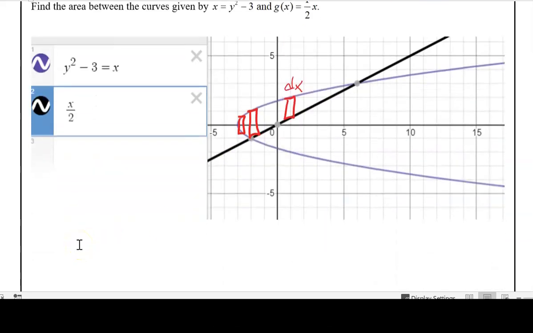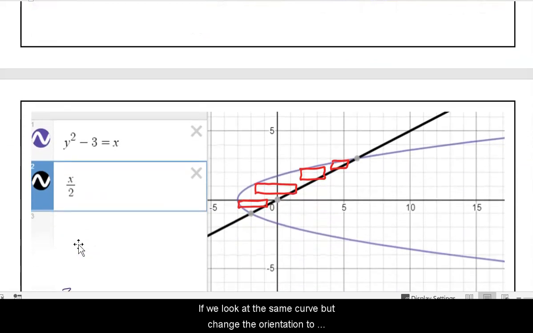If we look at the same curve but change the orientation to a horizontal rectangle, we change the differential from dx to dy. In this case, on the right side of every horizontal rectangle is the slanted line. On the left side of every rectangle is the parabola.